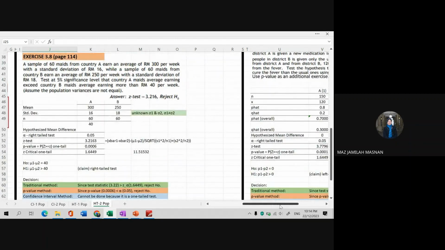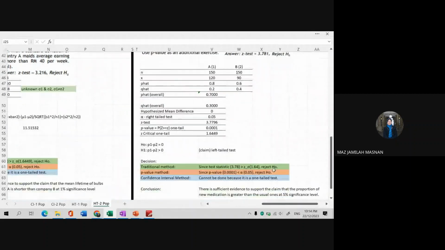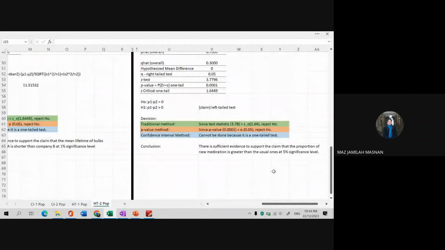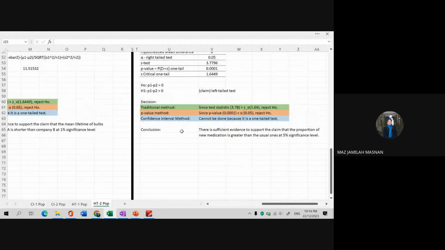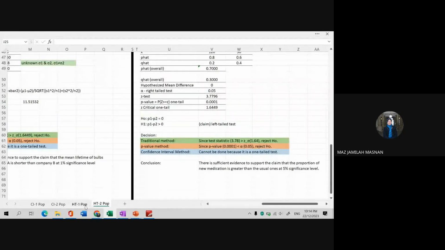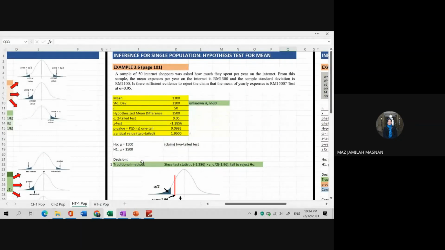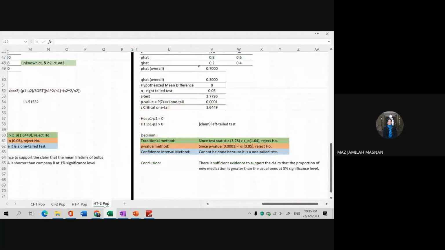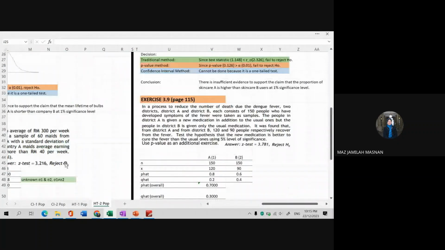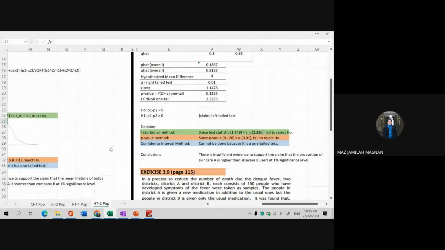For the two tail test, do we have two tail tests over here? We don't have the two tail test. The two tail test is only at the one population, but it's just the same. I want you to try to find one question which reflects a two tail test for two populations, because in the example I did not manage to put in a two tail test.